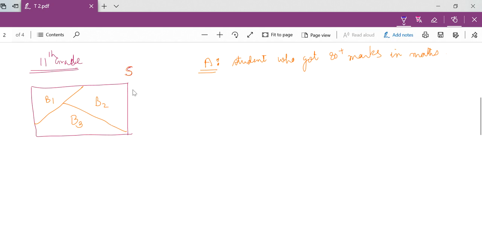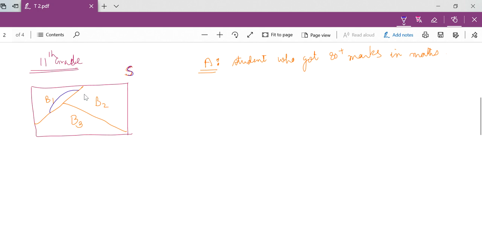One thing is, I go overall in the set S and I ask who got 80 plus, and I just record that. The second thing is, I go to each section and I ask the class teacher how many students got more than 80% marks. That teacher is going to tell me how many students there are who got 80% marks.